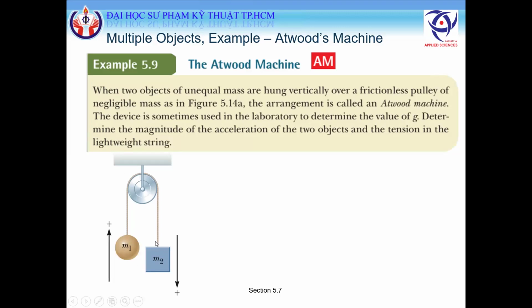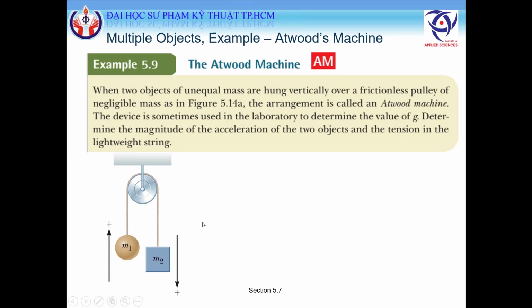We ignore the friction, and also we ignore the mass of the pulley. Okay, three things: the mass of the pulley, the mass of the rope, and the friction are ignored.